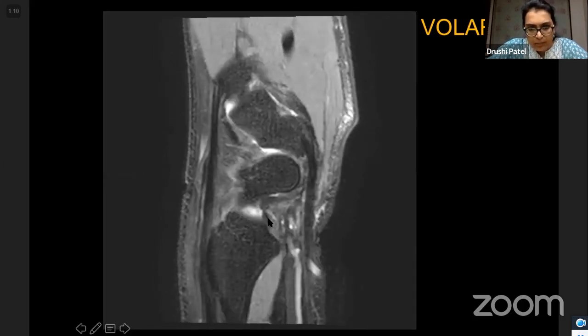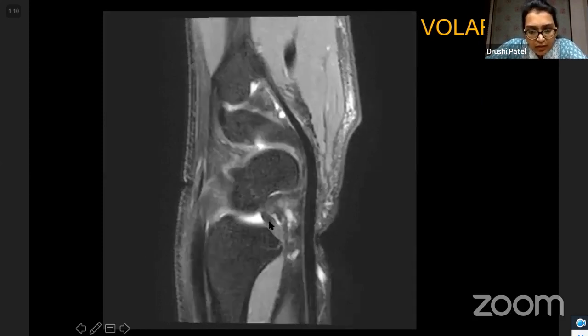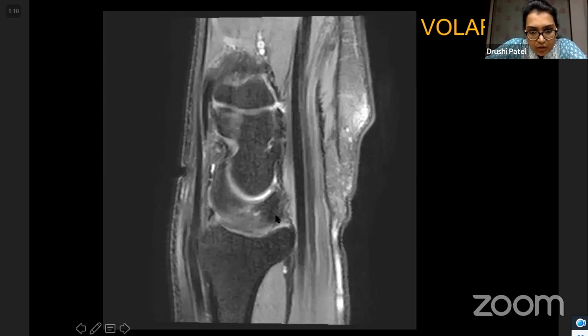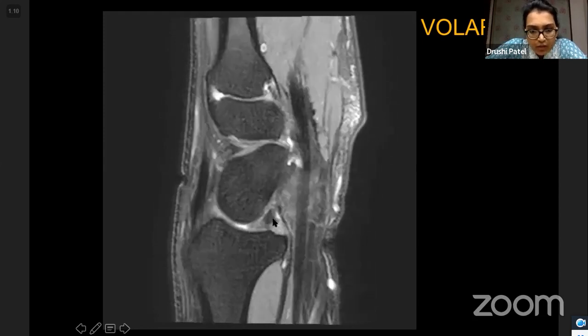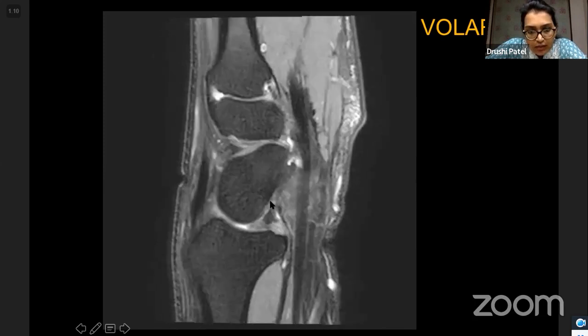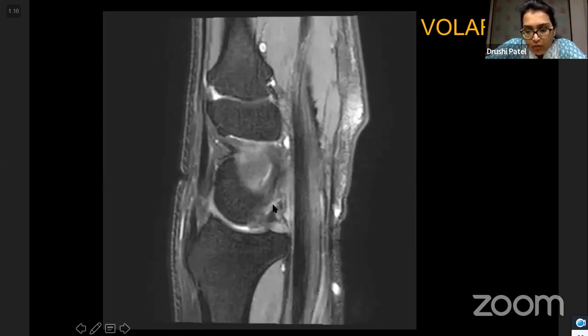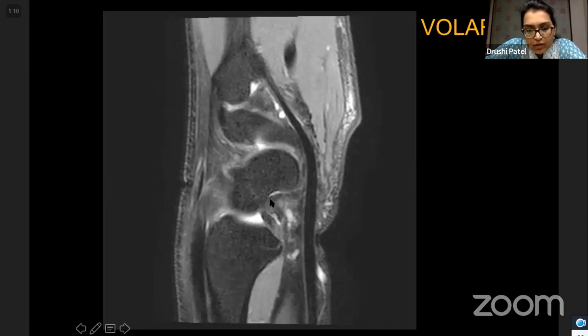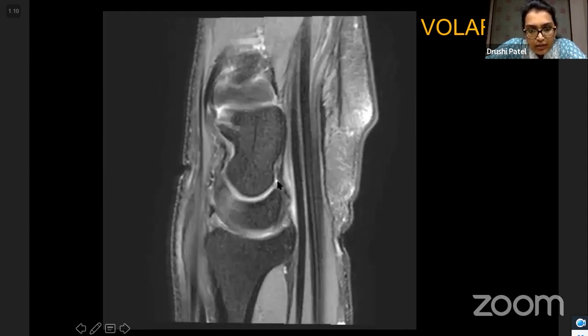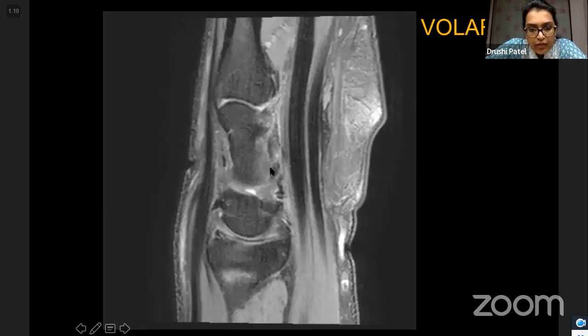there is this structure which goes from the radius onto the lunate. So that is the long radiolunate ligament. Another structure which is crossing over the scaphoid and inserting onto the capitate is the radioscaphocapitate ligament.